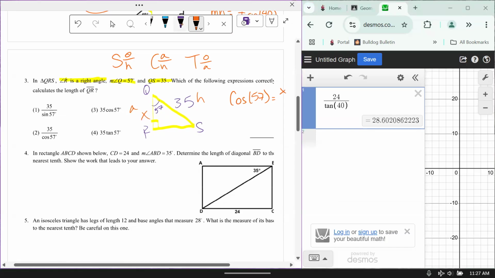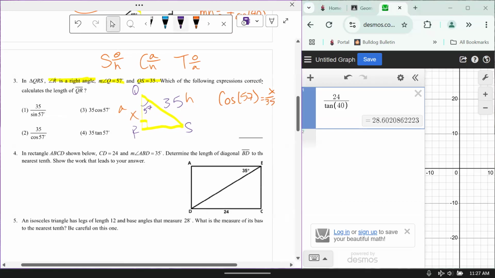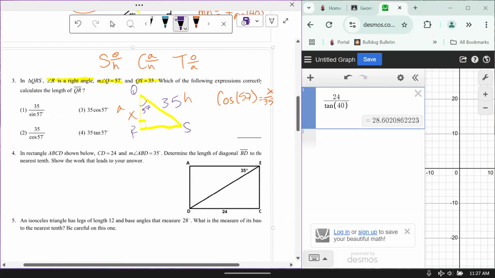So X over 35. If we multiplied this to solve, we would have times 35 on both sides. So we would have X equals 35 times cosine of 57. So 35 times cosine of 57 would be that answer right there.